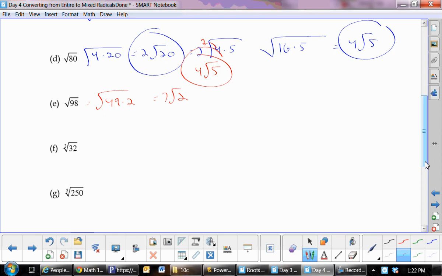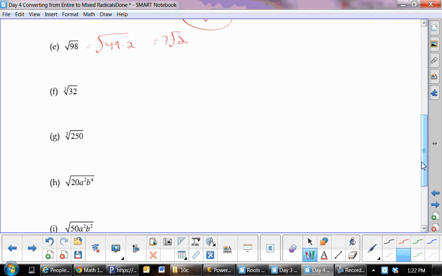Okay, now let's do a cube root. What's a nice cube root in 32? 8. So cube root 8 times 4. Do you notice I always do this step? I don't do this in my head. I find people like to do it in their head because it's faster, right?